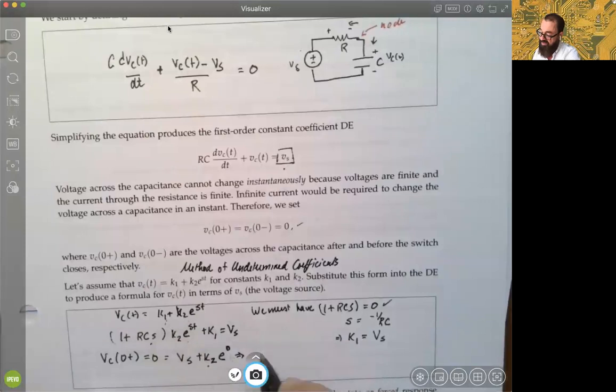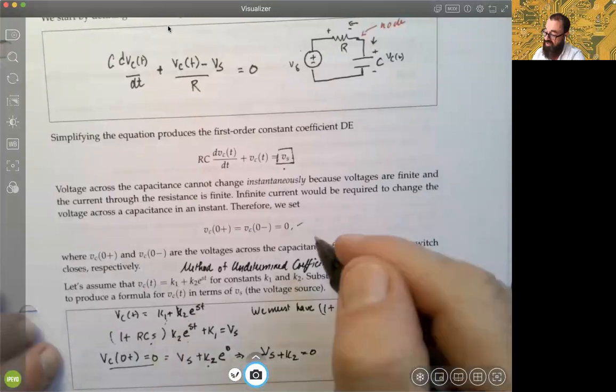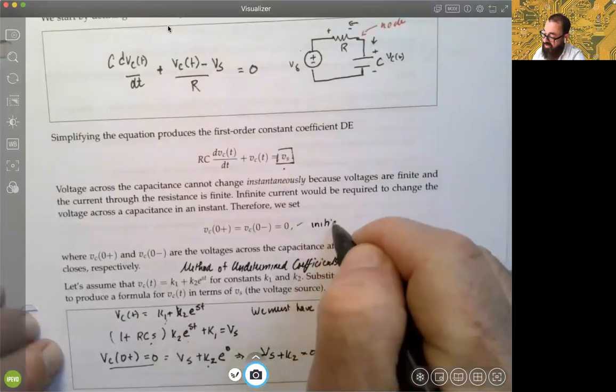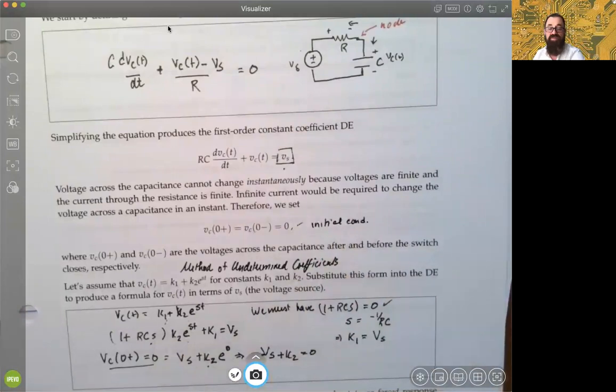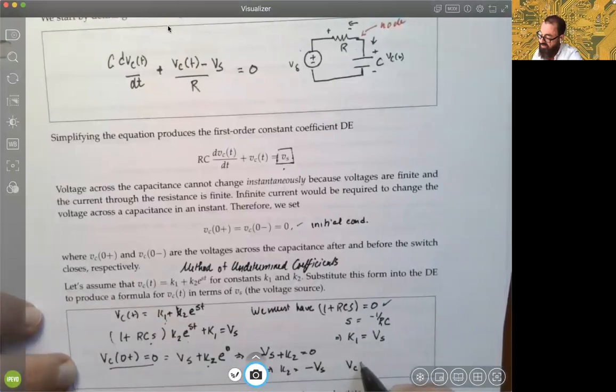So Vs, the voltage source, plus K2 must be equal to 0. Why am I setting it to 0? Because that was our initial condition, that there is no voltage on the capacitance. So your K2 parameter is just the negative of the voltage on the source.